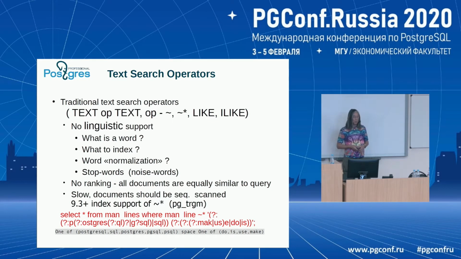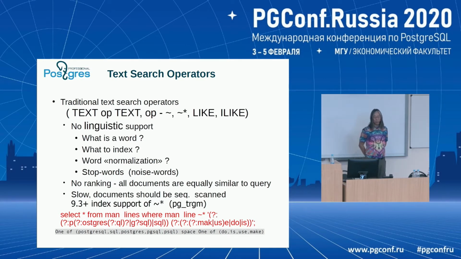They don't know how to normalize these words, whether all words should be indexed, and there is no natural ranking. There is no notion of ranking because all documents match a query. And since no indexes are supported, this is quite a slow process.